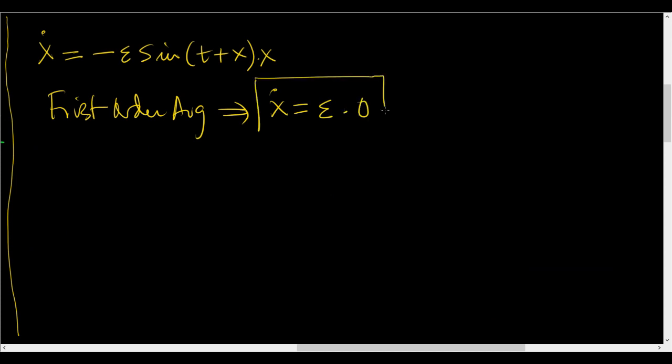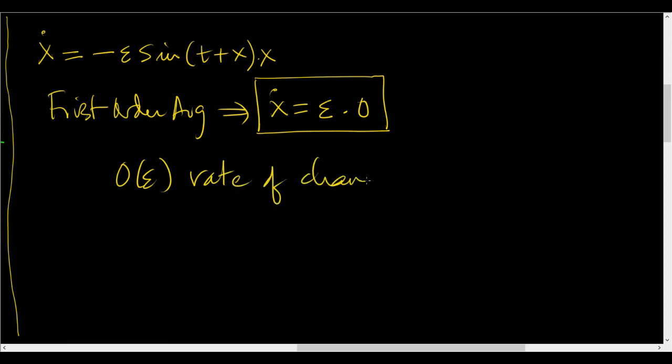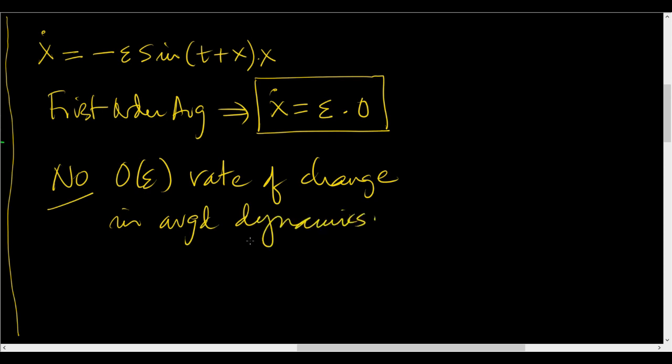Okay, so we don't expect an order epsilon rate of change, no order epsilon rate of change in the averaged dynamics. So let's do some numerics.